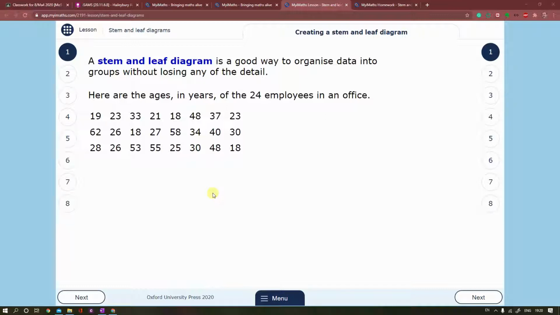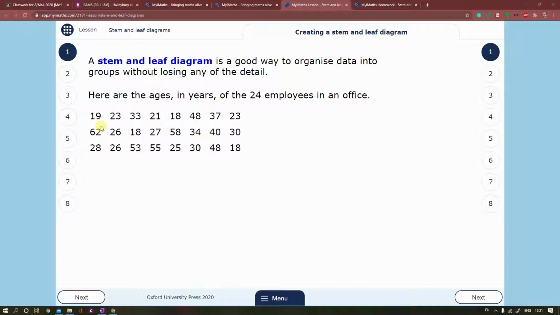And it has a benefit that you don't lose all the data as you do it. Often when you do tallies into group frequency tables, you will lose some numbers, some of the accuracy. So a stem and leaf diagram could take people's ages.